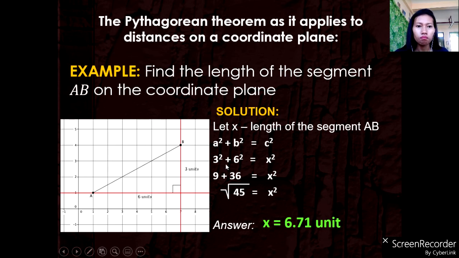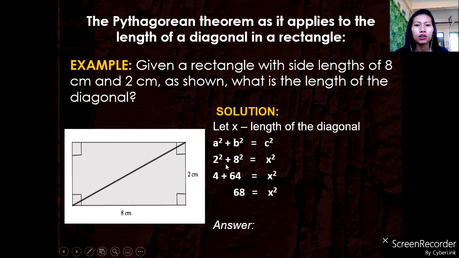So, another, we have the Pythagorean theorem as it applies to the length of a diagonal in a rectangle. So, example, given a rectangle with side lengths of 8 cm and 2 cm as shown, what is the length of the diagonal? So, given itong rectangle dito and meron ditong measurement na 2 cm and then 8 cm.